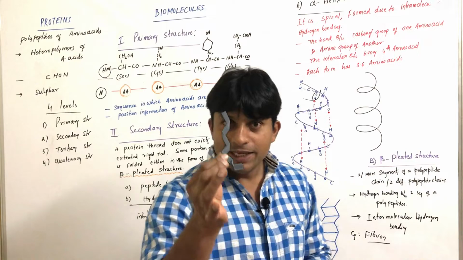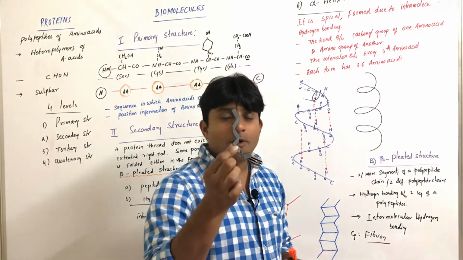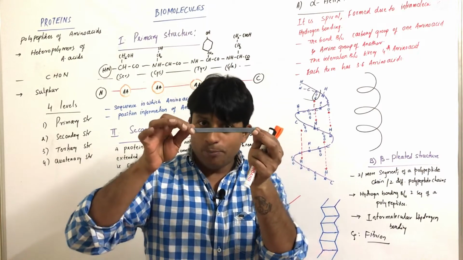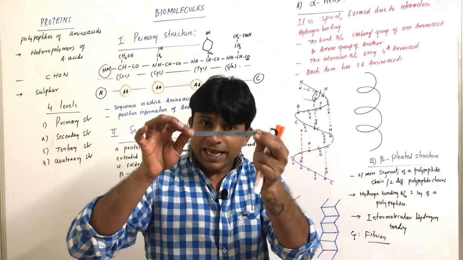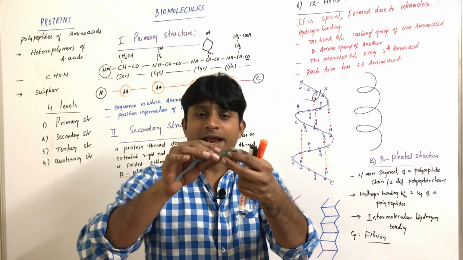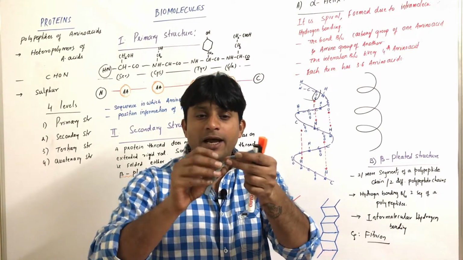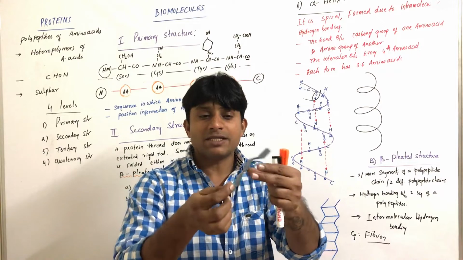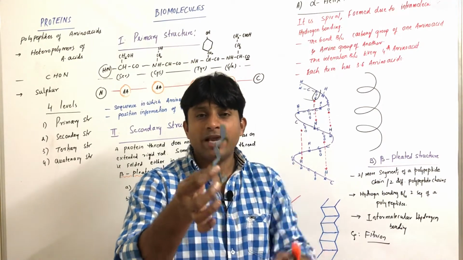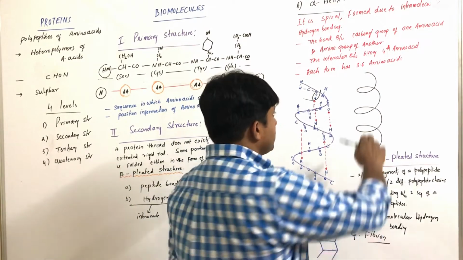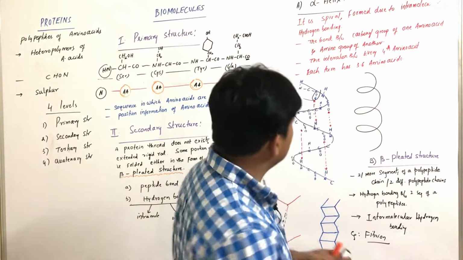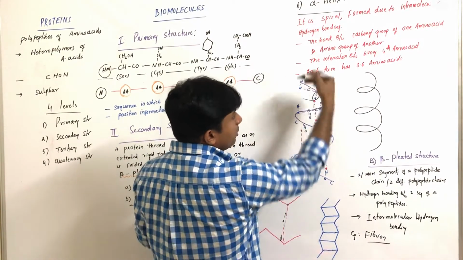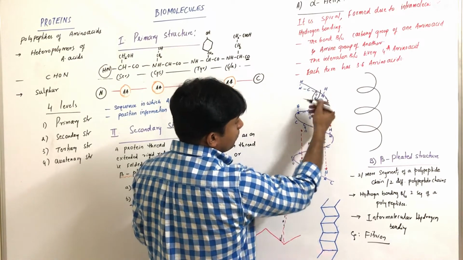This folding is due to the intramolecular hydrogen bonding, because this is a single polypeptide chain. In this single polypeptide chain, the intramolecular hydrogen bonding exists among the amino acids present. As a result, the protein gets the shape of a helix, right? So this is your helical form. How does this happen? Just look at this picture.